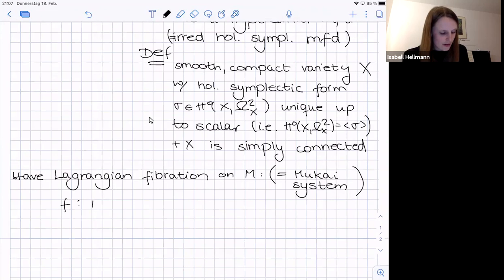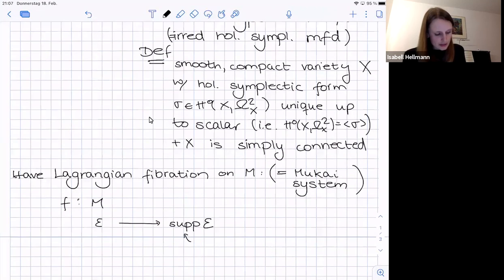All right, so on M we have a Lagrangian fibration, which is given as follows. When you have a point here, you map it to its support. As I said before, these sheaves are supported on curves. I don't take a naive definition of set-theoretic support, because this wouldn't allow me to define a map on the moduli space, as it's not well behaved in families. What I take is the so-called Fitting support.